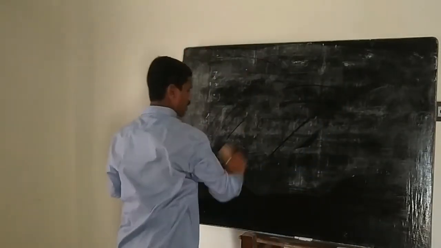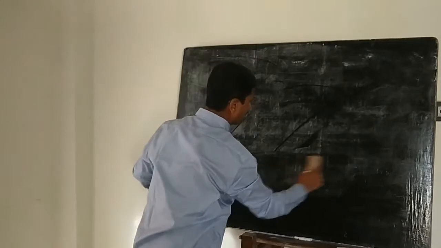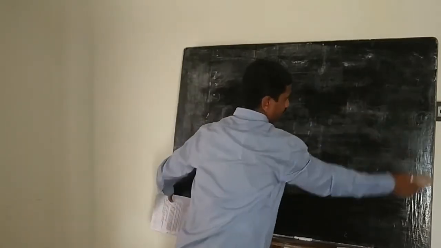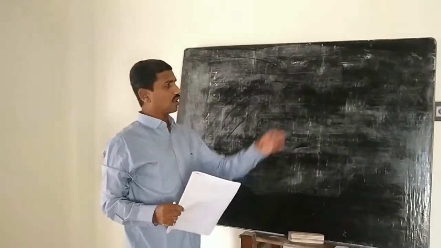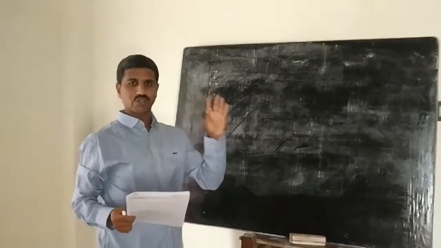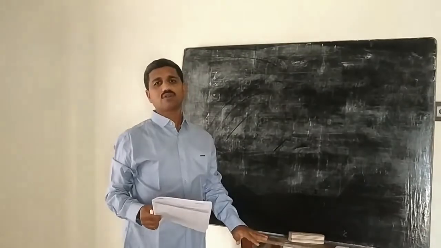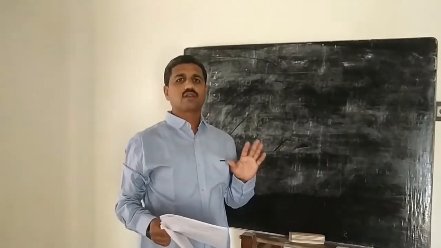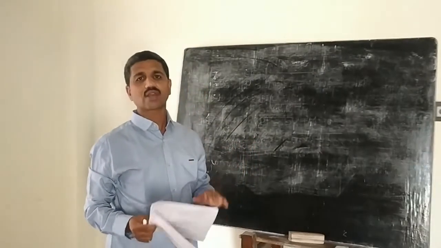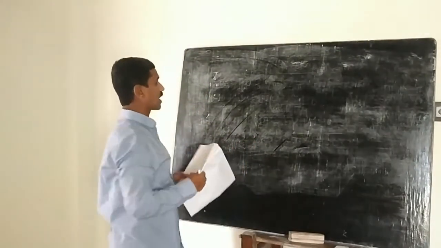So now let us prepare accounts in the books of consignor here. So the necessary ledger accounts here: we need to prepare consignment account, abnormal loss account, the consignee's account, and goods sent on consignment.